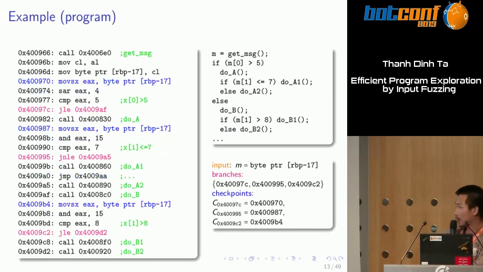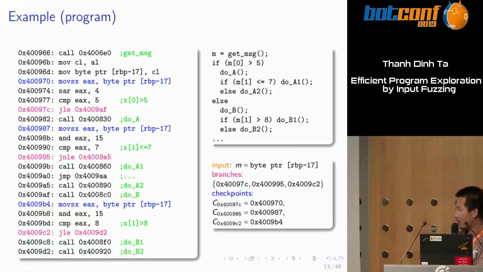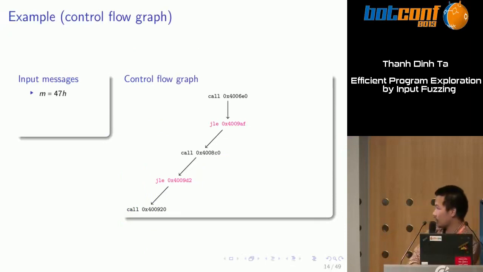Here we have a program. We see that it has three conditional branches, and we detect that it has three checkpoints. For more comprehension, we have its assembly code on the right-hand side.